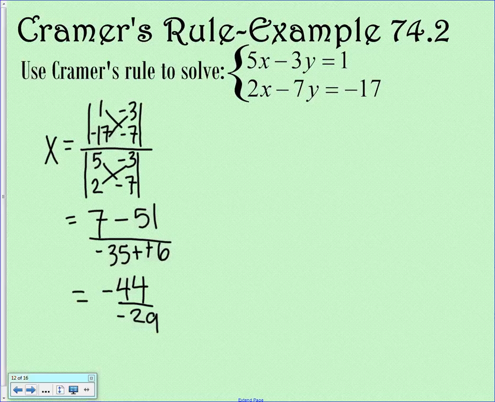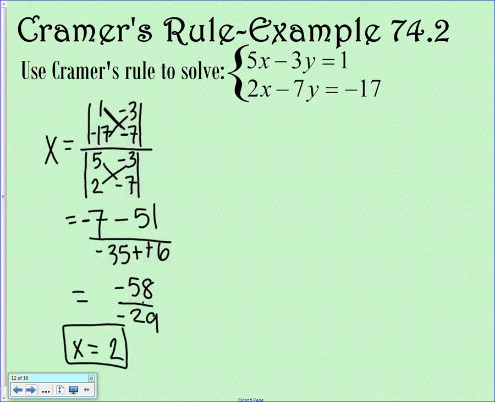And so, I think I did something wrong. This should be a negative right here, negative 7. That's why. So negative 7 minus 51 is going to be negative 58. I'm sorry. And so if you divide those by 2, you should get 2 for your x value. I didn't see that little negative right there. Okay, so that's your x.